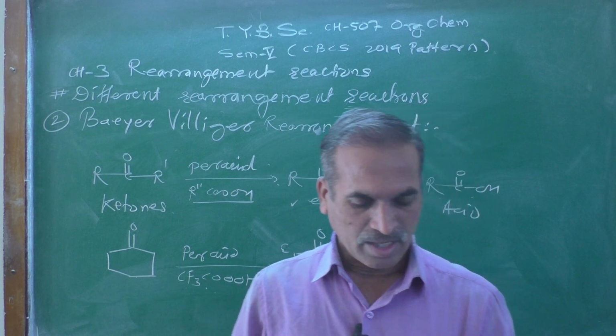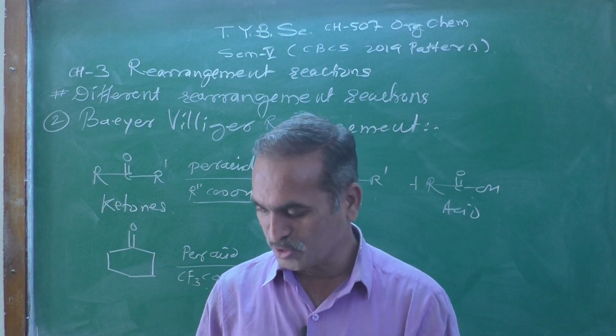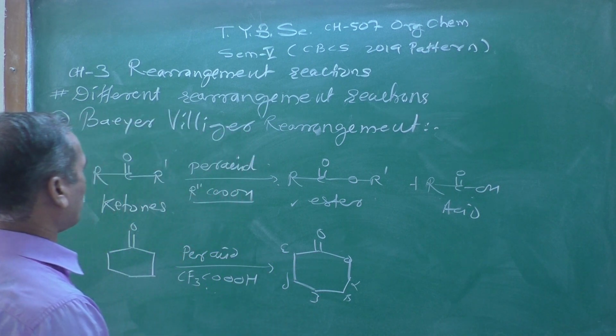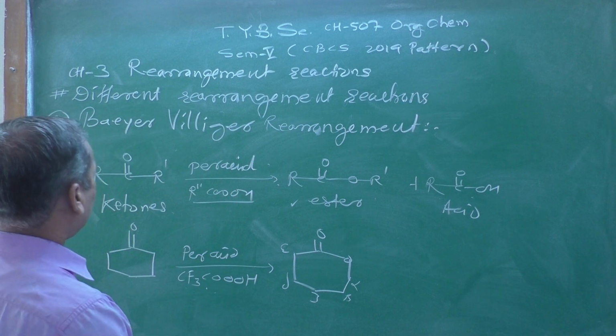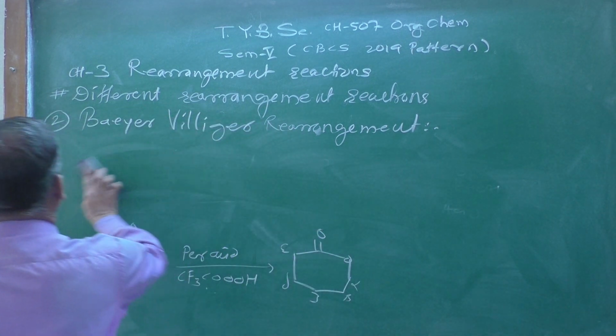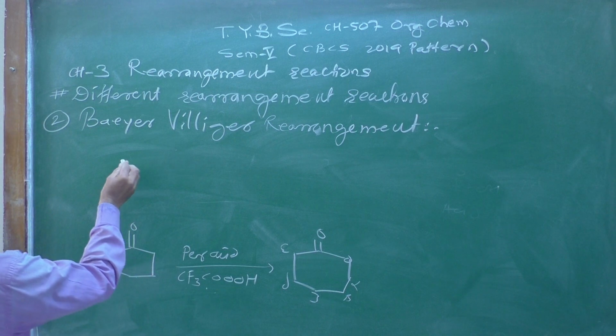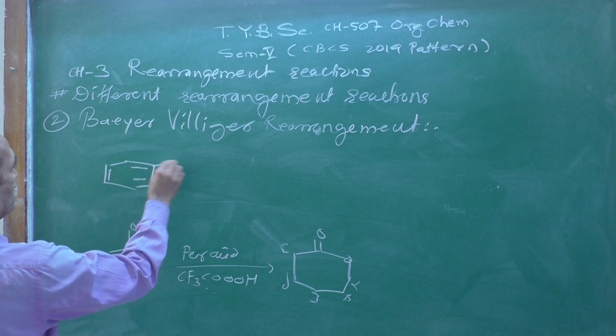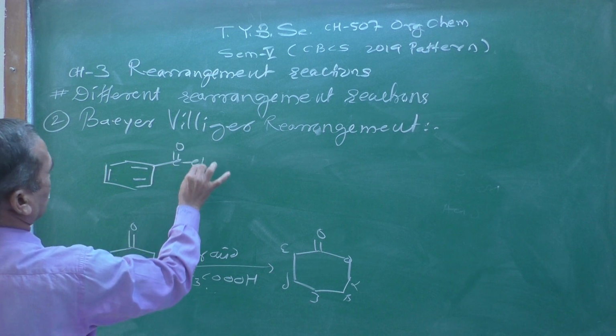And here, suppose acetophenone is present, let me show that. Acetophenone is an aromatic ketone. Here I am showing C double bond O CH3.